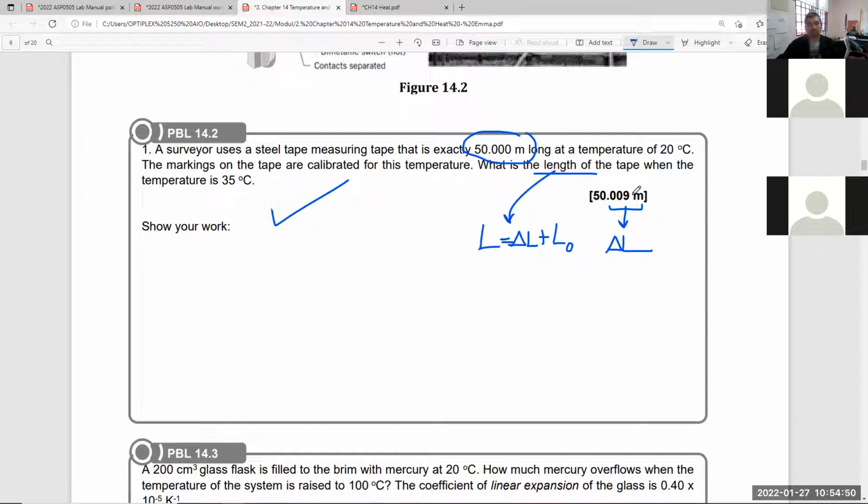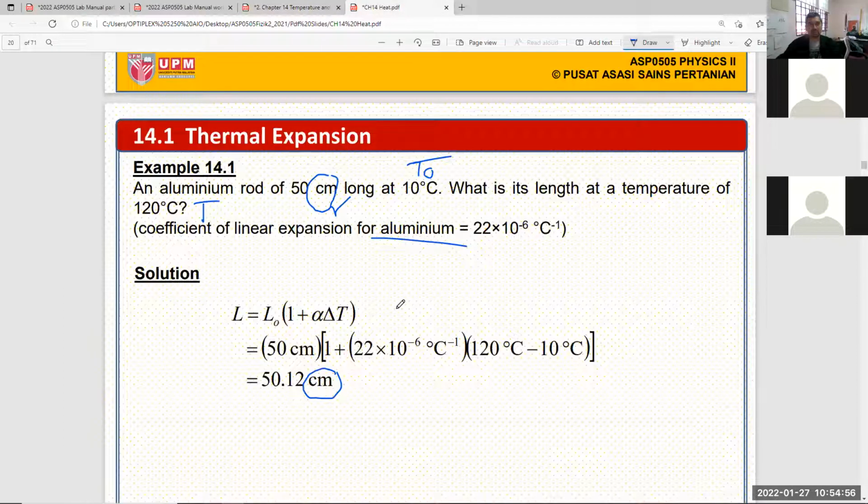This only goes up to 35 that you see. In my slide here, it is up to 120. High temperature still remains in solid, so it expands a little more significantly, 0.12 centimeter there.